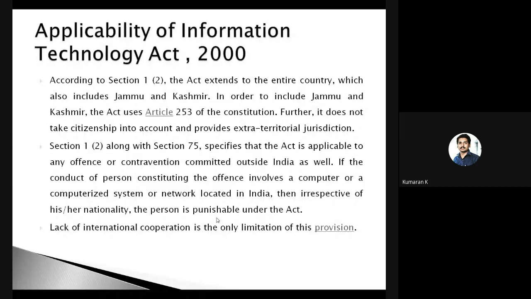So அதுதான் வந்து அவங்க சொல்றதெல்லாம். So it does not take citizenship into account and provides the extra territorial jurisdiction. அப்படின்னா ஒன்றும் இல்லை, இந்த ஜம்மு அண்ட் காஷ்மீர்ல இருக்க பீப்புள் they are not considered as the people of India. People of India தான் அவங்க, but they do not have the proper citizenship like other people have in our country.